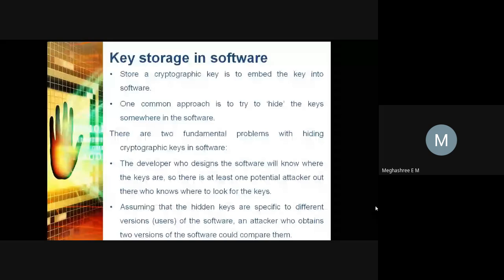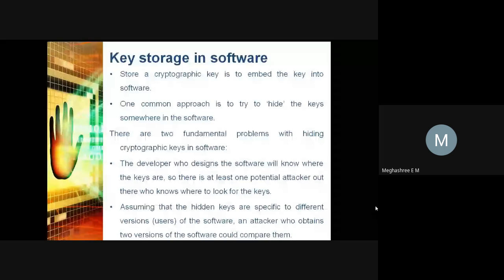So the first thing is the developer who designs the software will be knowing the keys, and there may be a chance for the attacker to attack it and get the keys. Another one is that for each software there will be different versions. If we hide the keys in different versions, the attacker may obtain two versions of the software, compare them, and get the keys. That is one fundamental problem if you hide the keys in software.